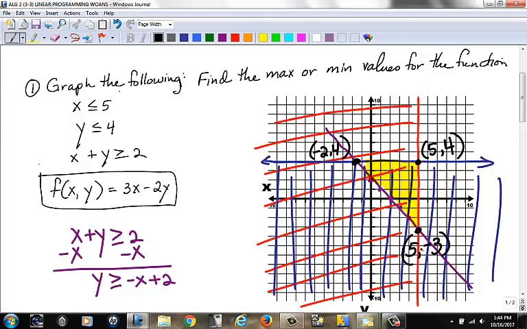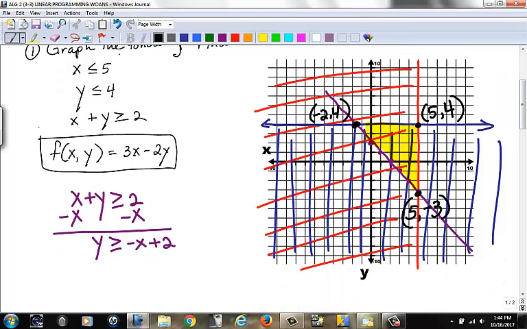Okay, so first you graph them all. You find what they call, that yellow part is what they call the feasible region. That's the overlap. And then if there is a max or a min, it has to occur at one of those vertices. Okay, so I'm going to go back and write this down.